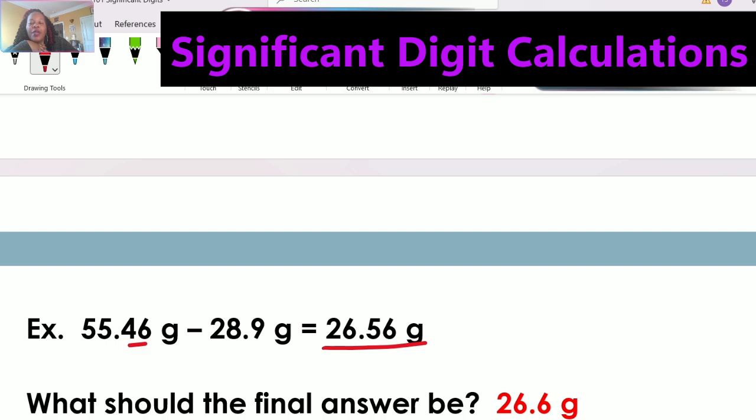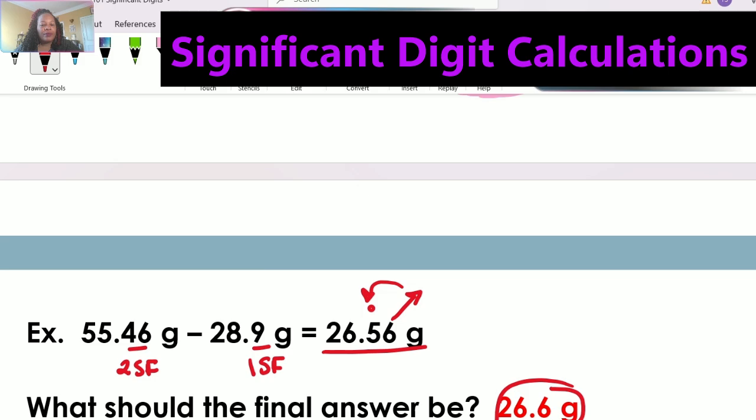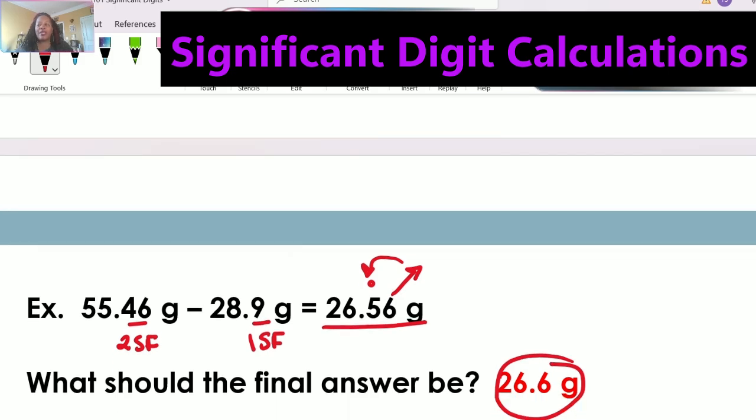There are two significant digits after the decimal for 55.46. There's one significant digit after the decimal in 28.9. Therefore, we're going to only have one number after the decimal. So that 5 is the number after the decimal, but this 6 right here tells this 5 to go up to a 6. So that's why your final answer becomes 26.6.